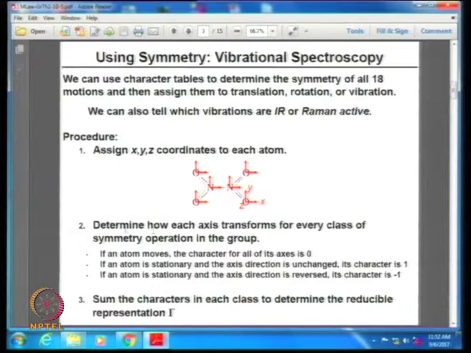And this is the simple rule. If an atom moves, the character for all its axes is 0. If an atom is stationary and the axis direction is unchanged, then the character is +1. If the atom is stationary and the direction is reversed, then the character is -1. And sum the characters in each class to determine the irrep of the whole representation gamma. So for each of the operations we calculate these and then add to get gamma.